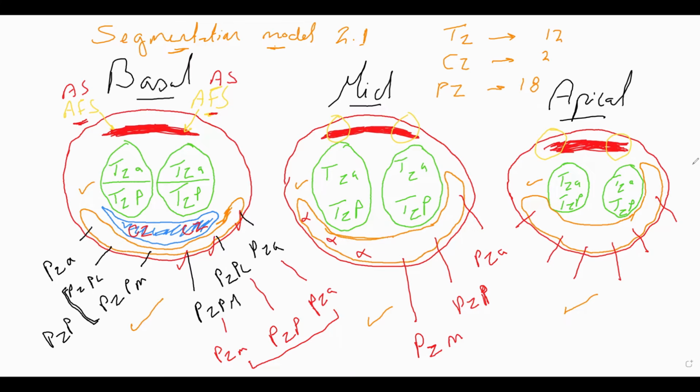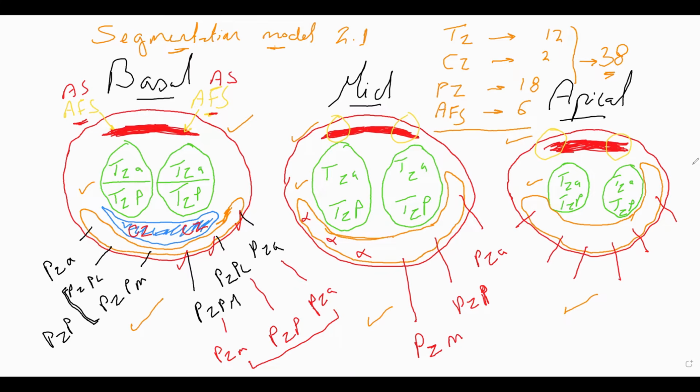We have also the anterior fibromuscular stroma, and this is 2 segments at the basal, 2 segments at the mid, and 2 segments at the apical level. So we have in total 6 segments. If we complete all of these segments, we will find that we have 38 segments for the prostate.